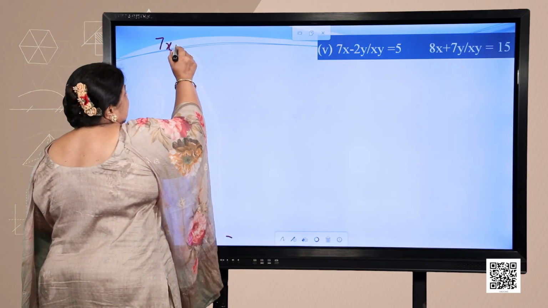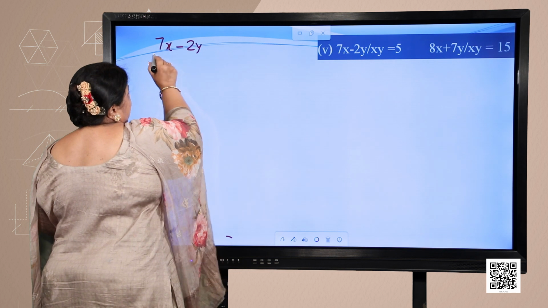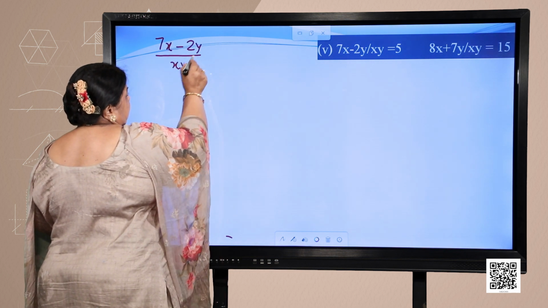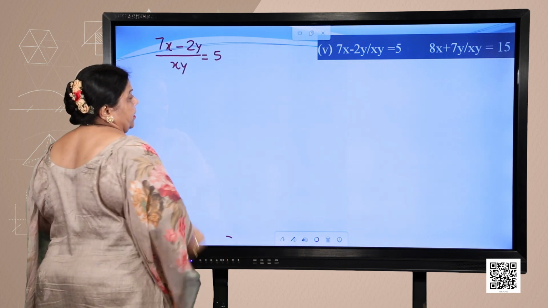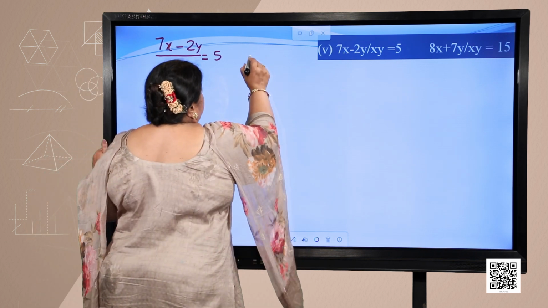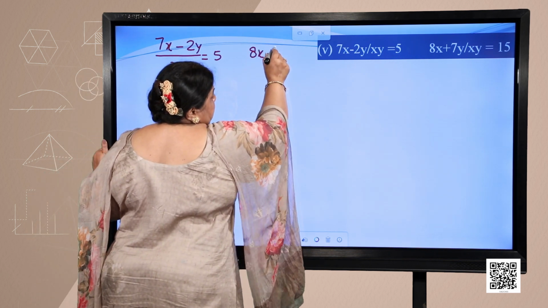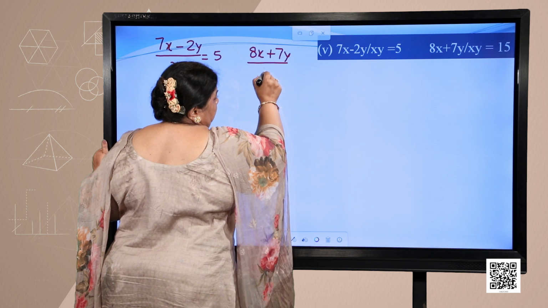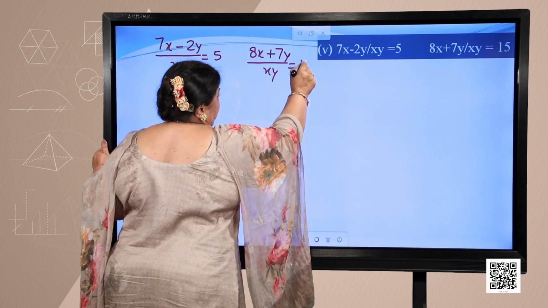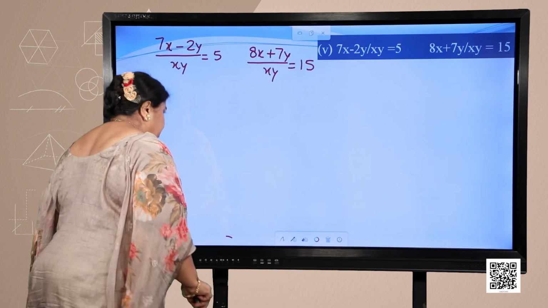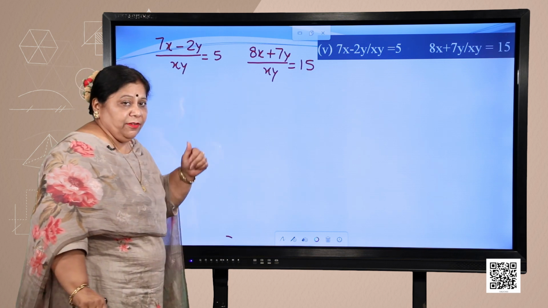We have (7x minus 2y) upon xy is equal to 5 and (8x plus 7y) upon xy is equal to 15. Just observe, they are not in the linear form.